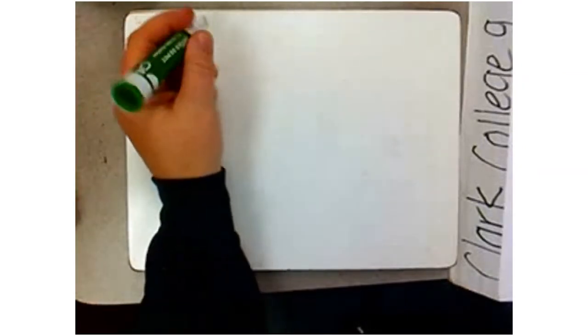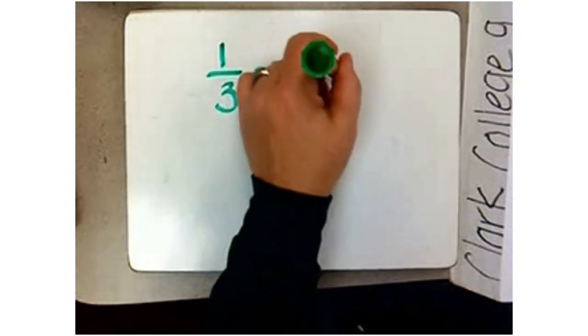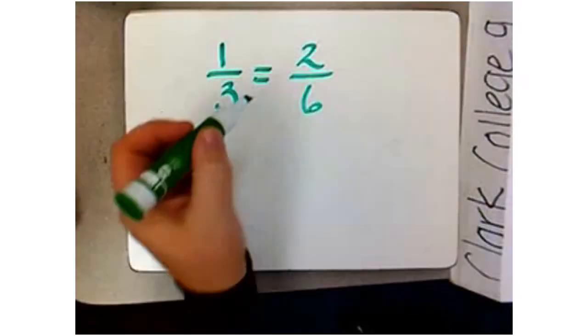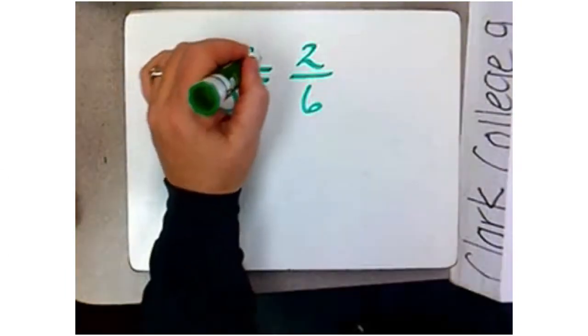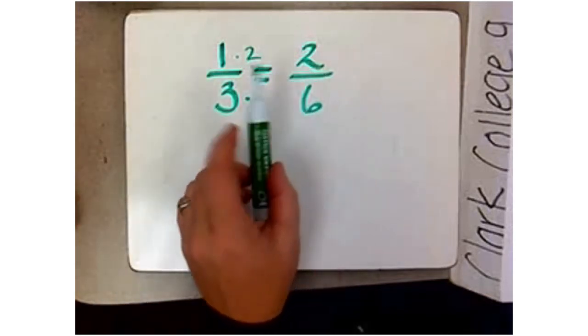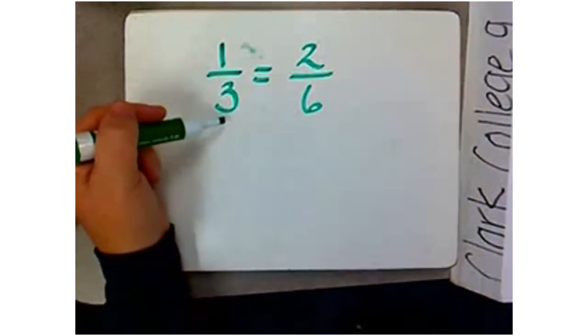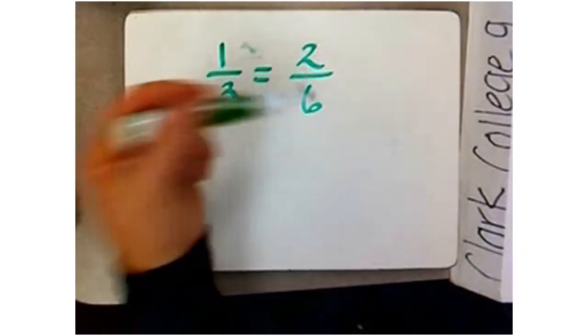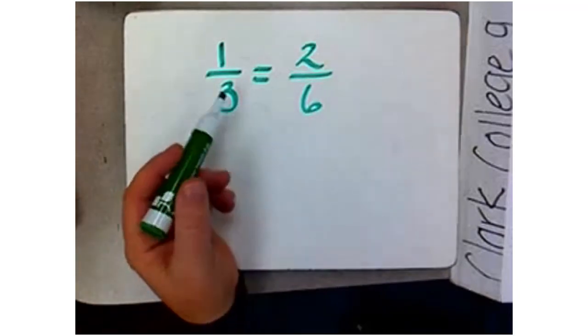And you're used to this with fractions, like 1/3 equals 2/6, right? Because we multiplied the 3 by a 2 to make it a 6, and then a 1 by the same value, a 2, to make it a 2. So it's just building up a fraction. So we could say this as a ratio, 1 is to 3 as 2 is to 6, and that would be the same. They would be equivalent.